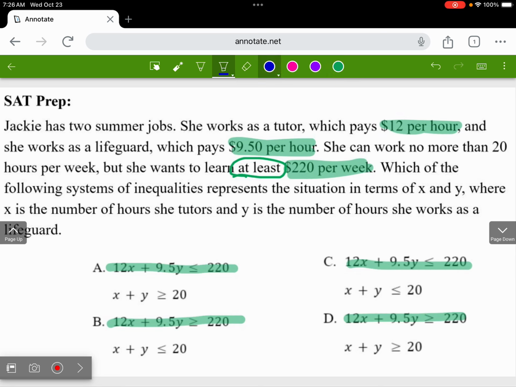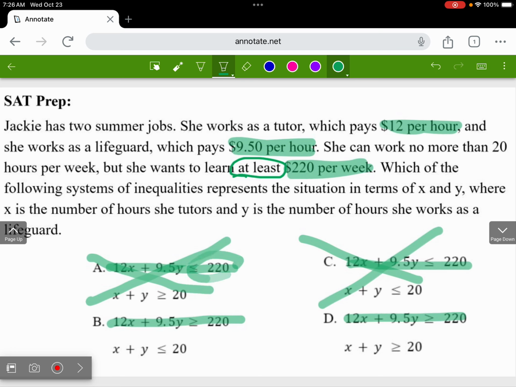So if it's going to eat the side that's bigger, which ones would it be? It would be B and D. So we can tell just from the green, from the money statement, that it is not going to be A and it's not going to be C. Because she needs to earn more than $120 per week. This says she earns less. So it's not going to be A, it's not going to be C.